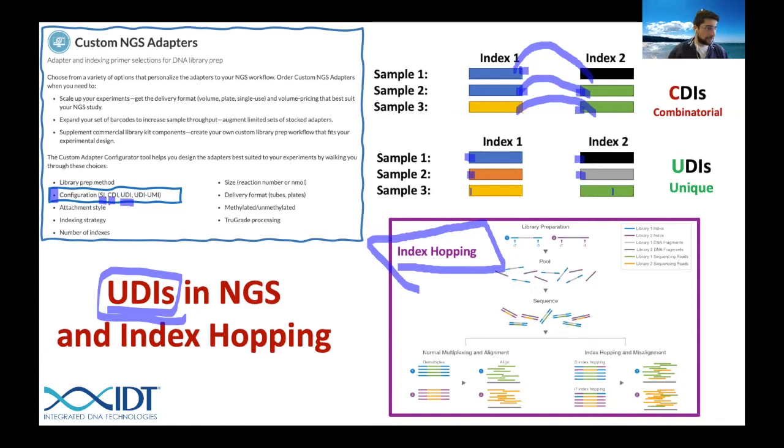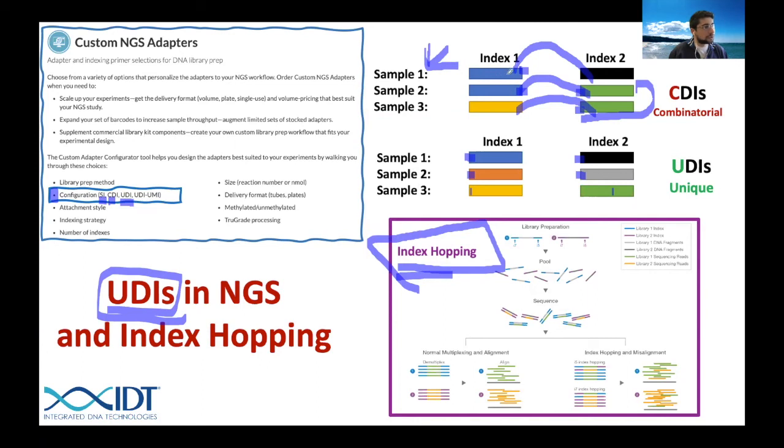So if you have index hopping, one fragment, even if it was biologically originating from sample 1, can be misassigned to sample 2. You see they are sharing just one index.